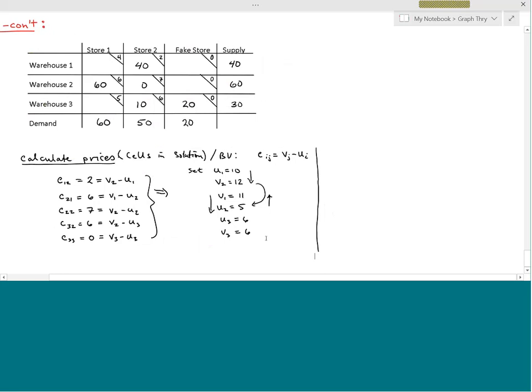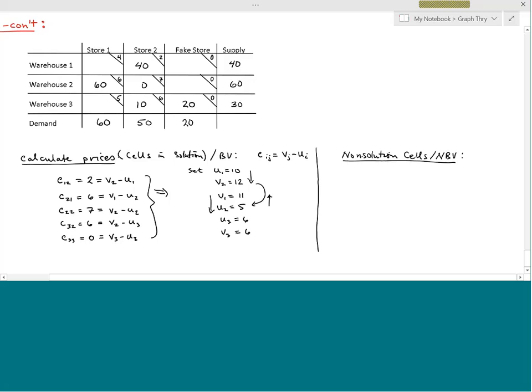It doesn't have to. So now for the non-solution edges, or the non-solution cells, or the technical term, non-basic variables.